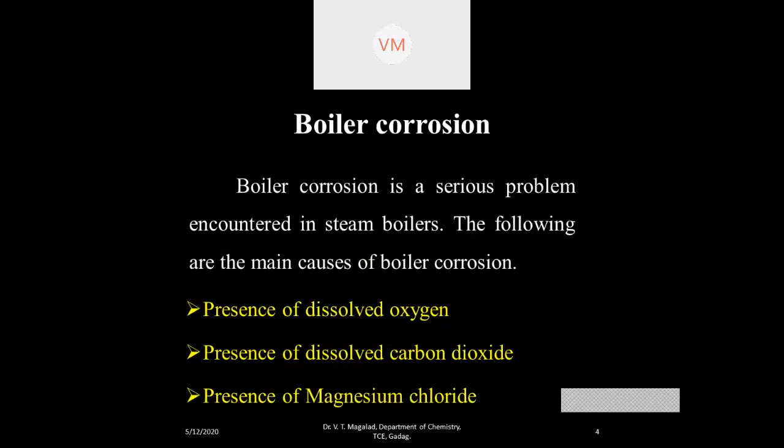Oxygen presence is essential in drinking water because it helps in oxidation of food material. But when water is used in the boiler, oxygen should not be present. The water parameters differ from one application to another.